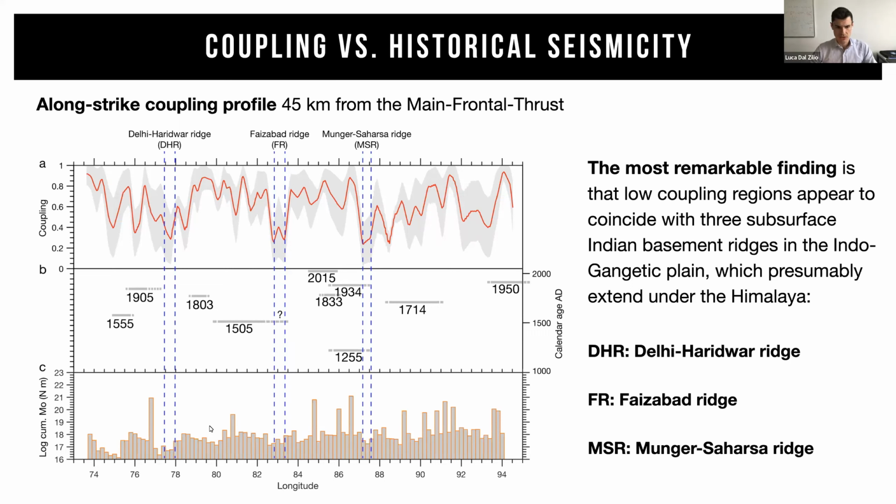It seems that these two regions have a moment release that is quite low, at least compared to other regions. So by looking at these different data sets, there might be some correlation between the coupling distribution, the distribution of seismicity, and the tectonic structures that we can see from geological fieldwork.